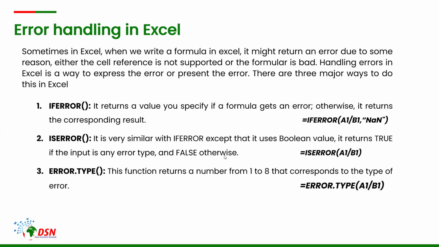By now, you must be familiar with reference error, value error, because you must have seen them one way or the other on the screen. You must be familiar with not a number. So if you want to know the type of error that your formula has printed for you, you can do ERROR.TYPE and close it in a bracket, your logic. So let us look at the types of error and what they mean.